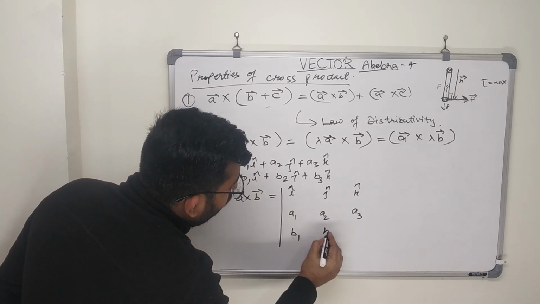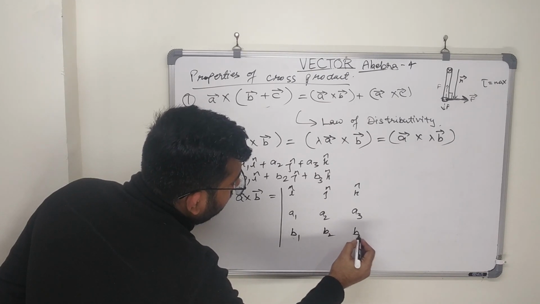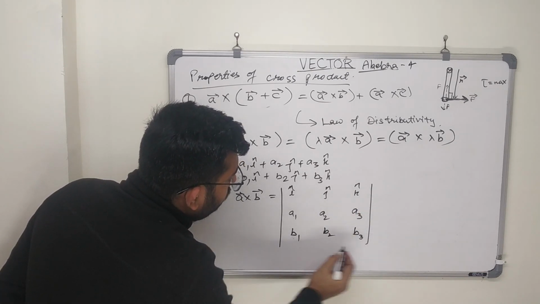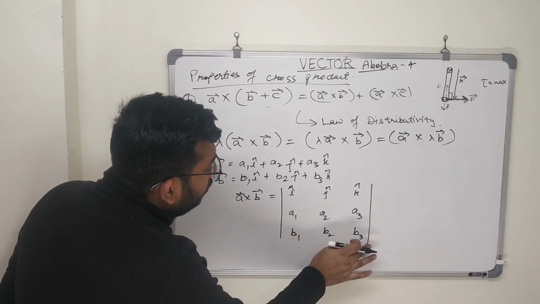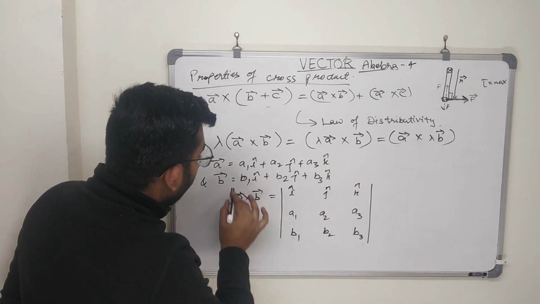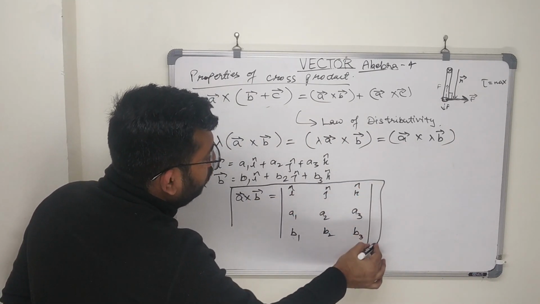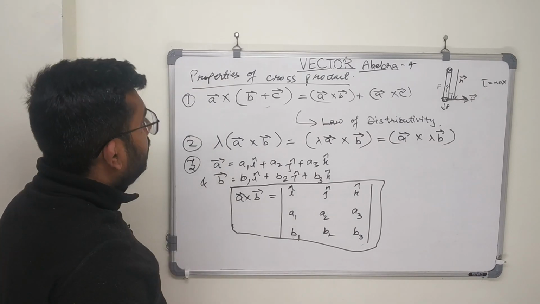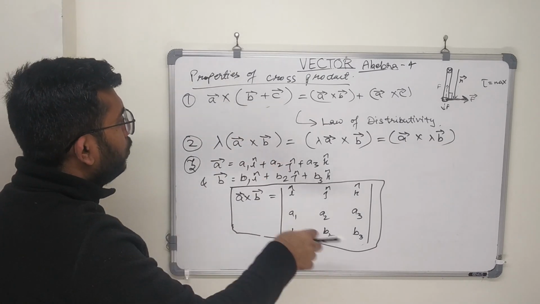So by finding the determinant of this, you can calculate A vector cross B vector. So these are all the properties of cross product.